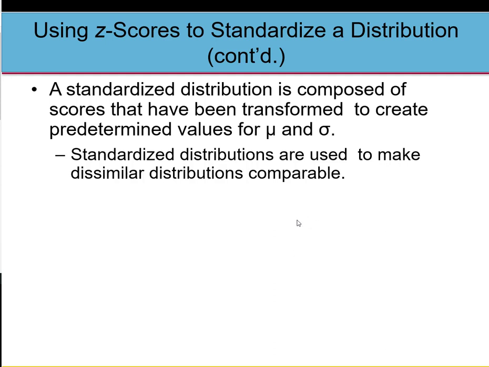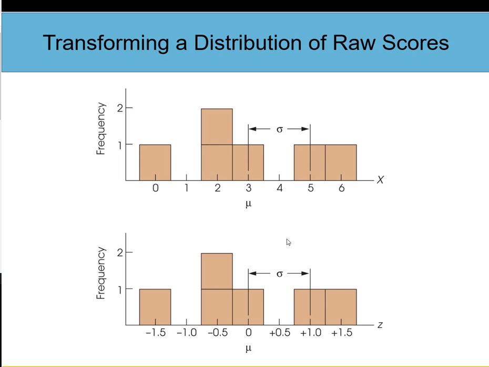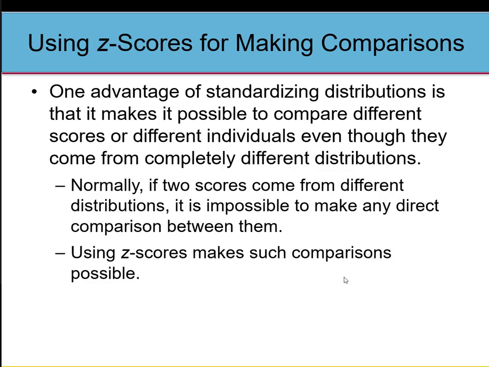Standardized distributions are used to make dissimilar distributions comparable. So you can see up here we have a mu of 3 with a standard deviation of what appears to be 2. And here we have a mu of 0 with a standard deviation of 1. The shape of this distribution has not changed at all.